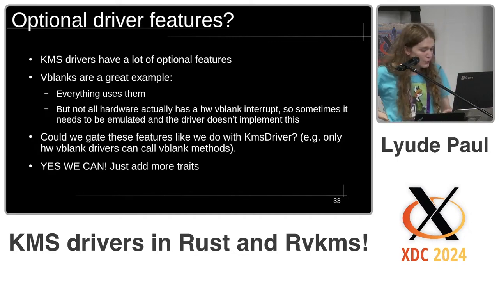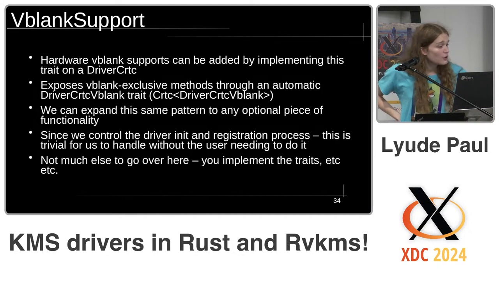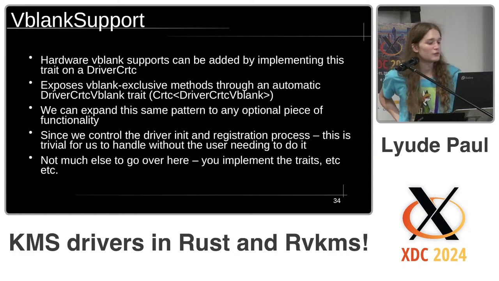We just add more traits. VBlank support is pretty much the example for this. If you have a driver where you support hardware VBlank interrupts, you basically just implement this trait on a driver CRTC, and it will expose all of those methods by automatically implementing the driver CRTC VBlank trait, and so forth.